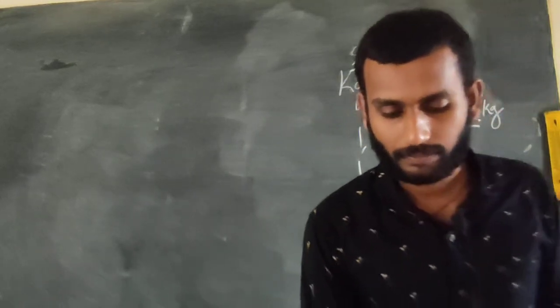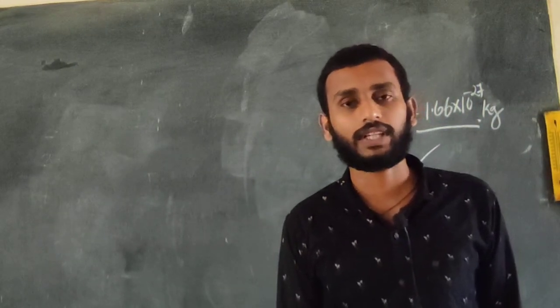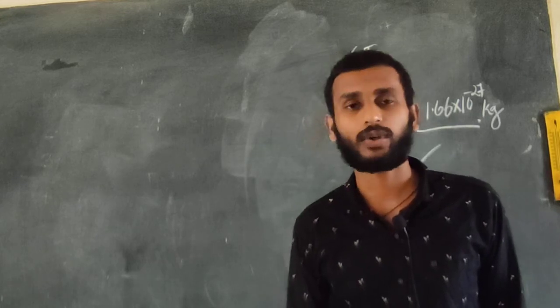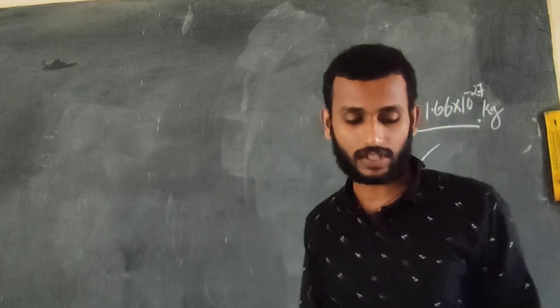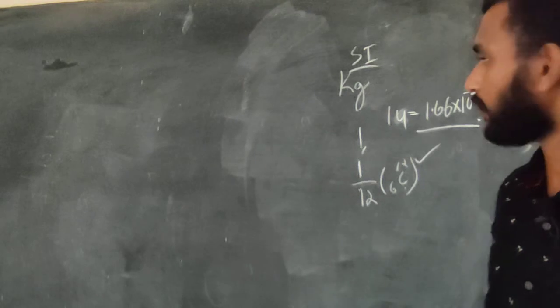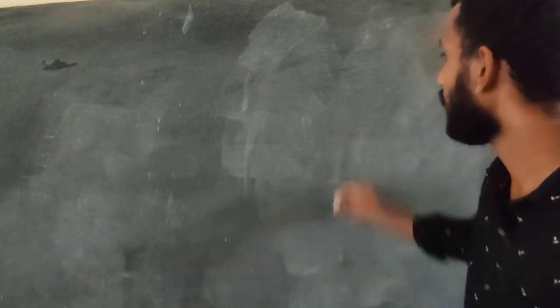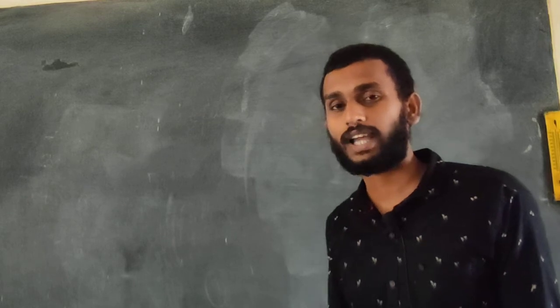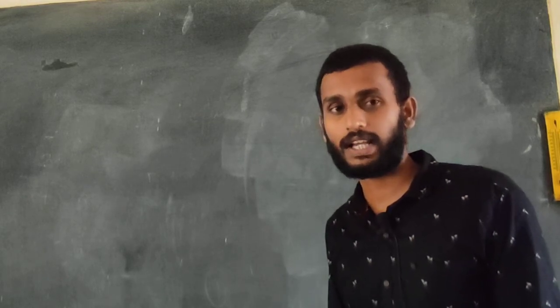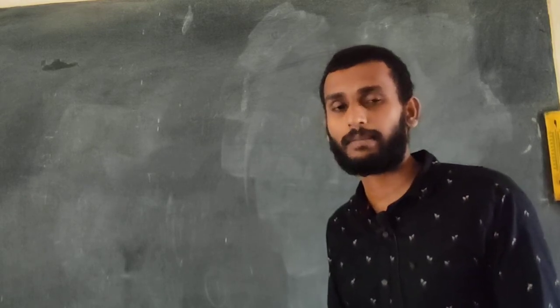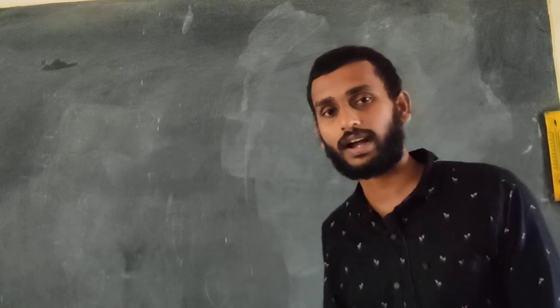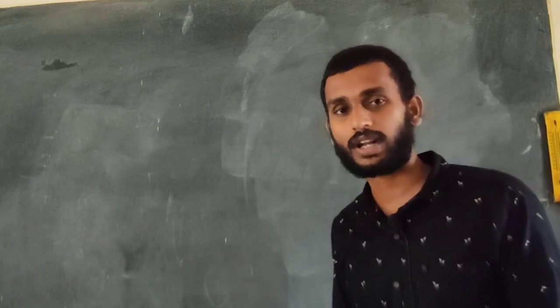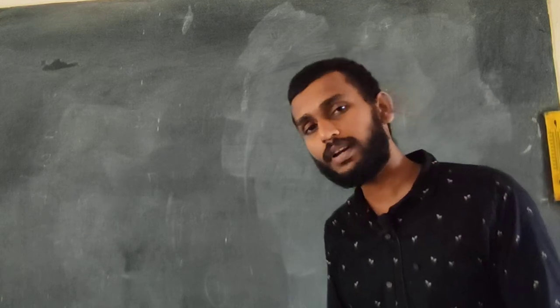And as well, in the case of electrons and protons, you know that the electron has a negative charge, and the proton has a positive charge. Measuring the mass of an electron or a proton is not really possible directly, because the values are very negligible.